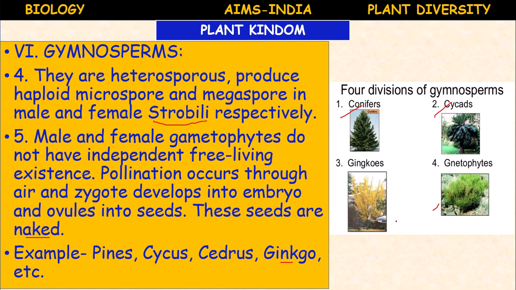The pollen tube carrying the male gametes grows towards the archegonia in the ovules and discharges their contents near the mouth of the archegonia, which is followed by fertilization. The zygote develops into embryo and ovules develop into seeds. So these seeds are not covered, so they are naked seeds. Examples: pines, Pinus, Cycas, Ginkgo.